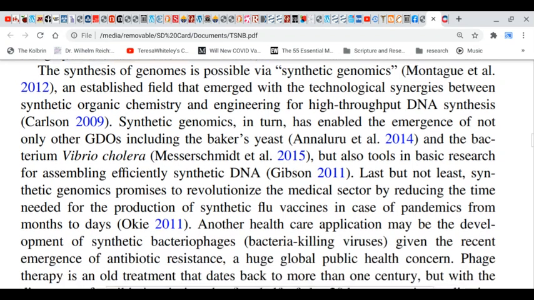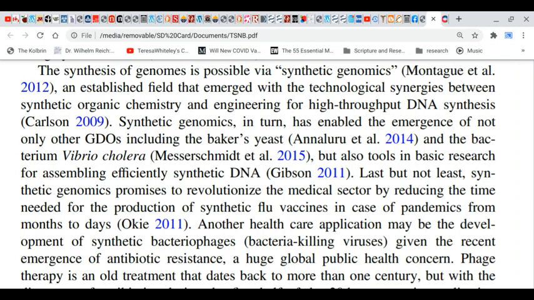Last but not least, synthetic genomics promises to revolutionize the medical sector by reducing the time needed for the production of synthetic flu vaccines in case of pandemics from months to days.